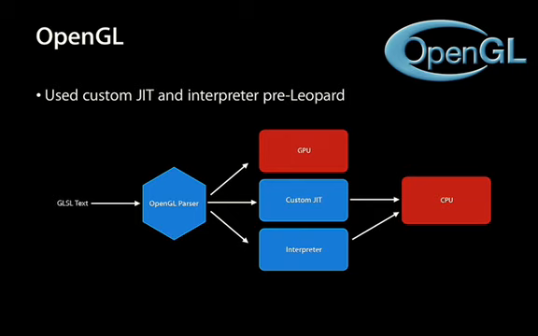Not every graphics card supports all the features that are in OpenGL. When that happens, the OpenGL system will take the function you request and dynamically compile the code into code that's executed on your host CPU. There are a couple of ways to support this, right? The older implementation used a custom JIT and interpreter.